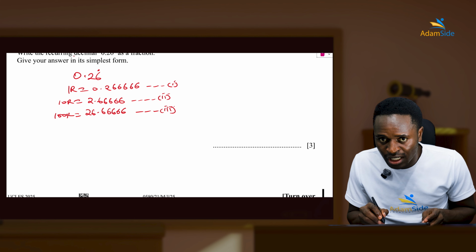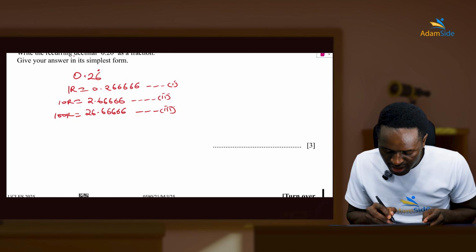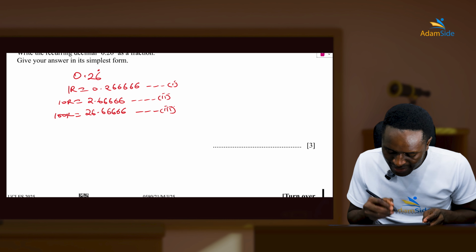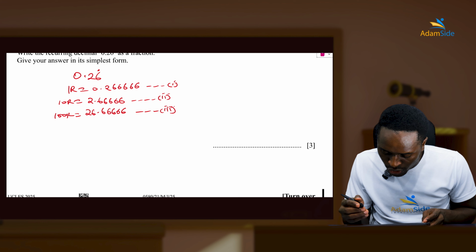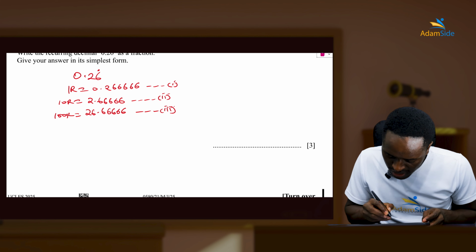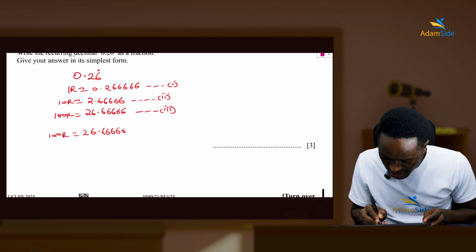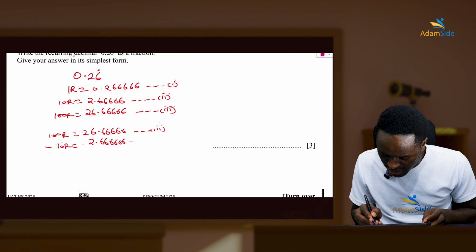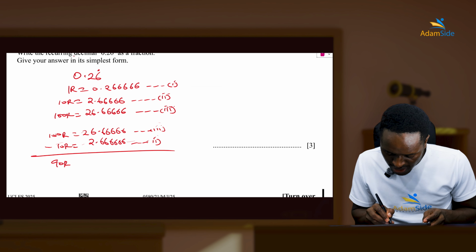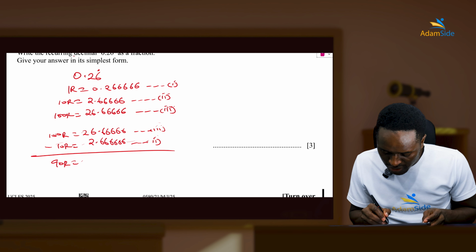The idea is to cancel the decimal part. Therefore, you take Roman 3 minus Roman 2. So you say 100r is equal to 26.66666 minus 10r, which is equal to 2.666666. When you subtract these two, you get 90r is equal to 26 minus 2 is 24.